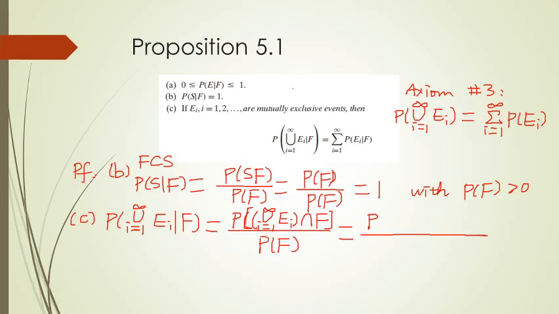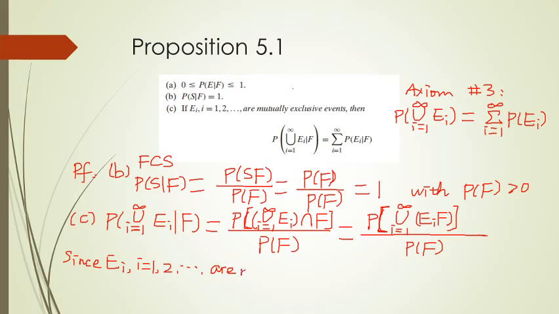The union of E_i and F, with the distribution law, will be the union of each E_i and F, over the probability of F. Now since the E_i for i from 1, 2 until infinity are mutually exclusive, how about the E_i and F? Those are mutually exclusive.